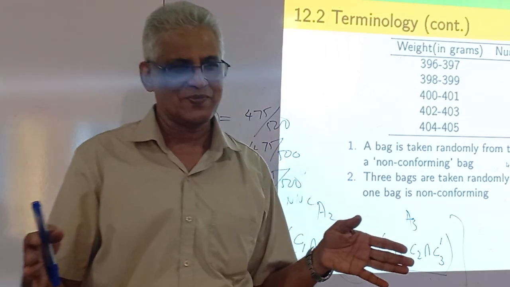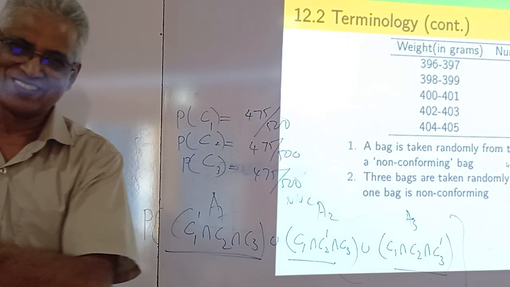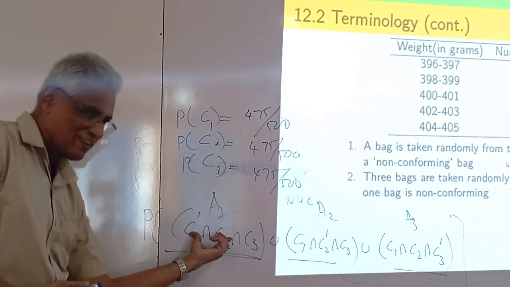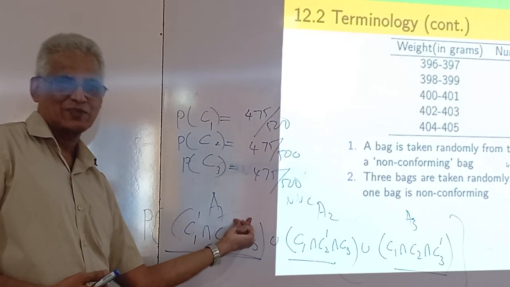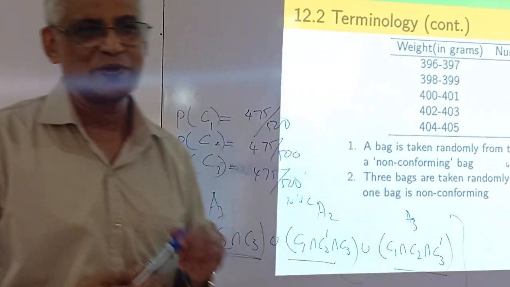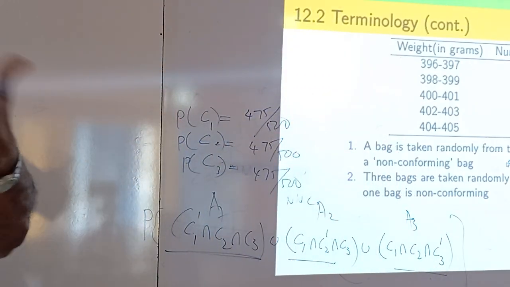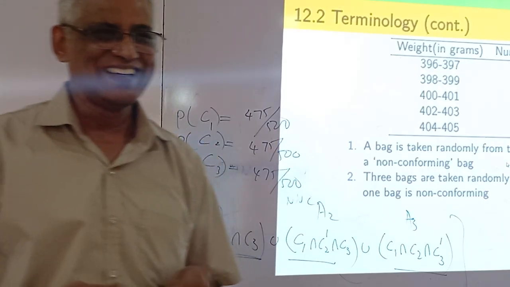They are added because of some reason, which we are coming to later. But the probability of A1 will be equal to the probability of this times this times this, because of another reason. That's why I said you have to know these things. If you know them, of course, that's okay.